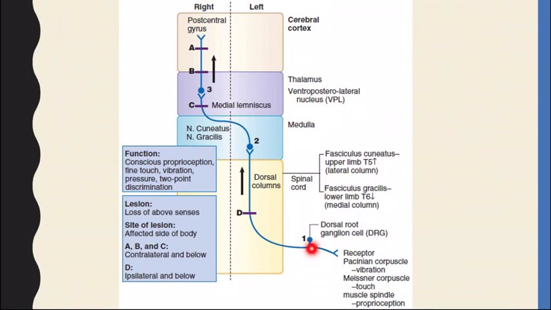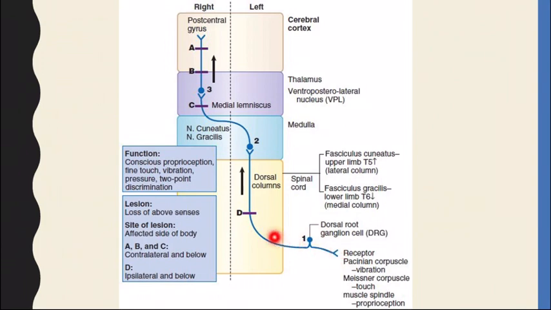Okay. So in this diagram, this is the first order neuron. It is arranged in the dorsal column, in the spinal cord it moves and it was subdivided into fasciculus gracilis and cuneatus. Gracilis was for the lower limb, below the T6 level, and they are the medial most, and fasciculus cuneatus was for the upper limb above the T5 segment and they are occupying the lateral most position.